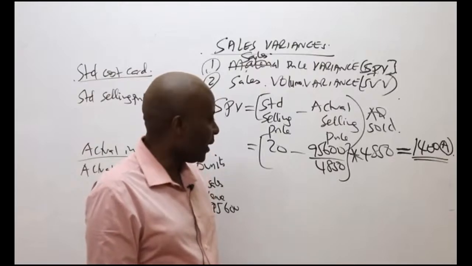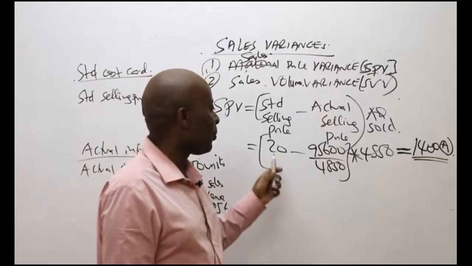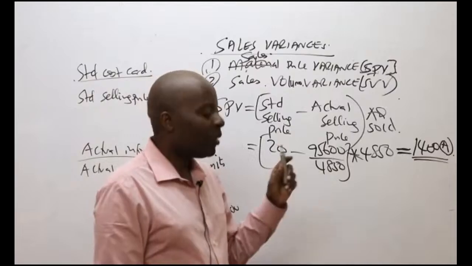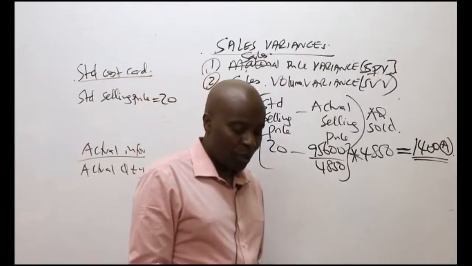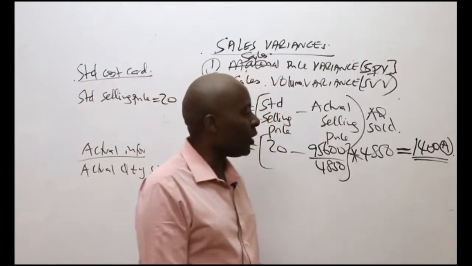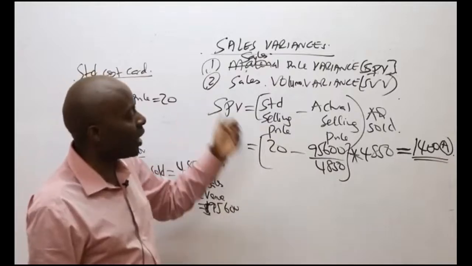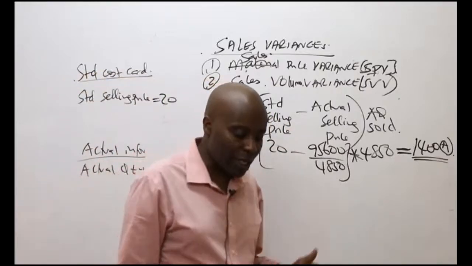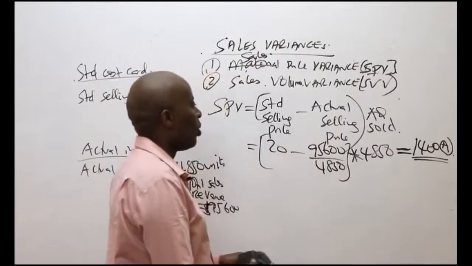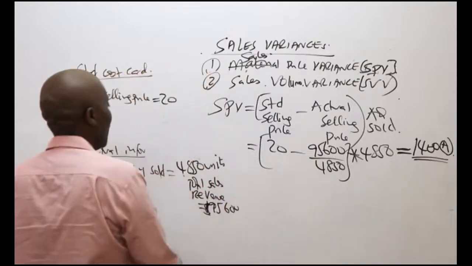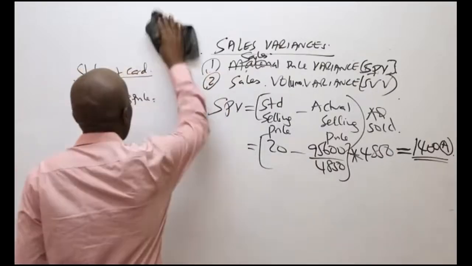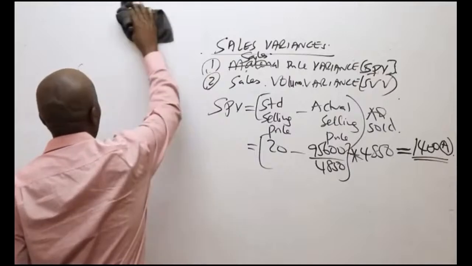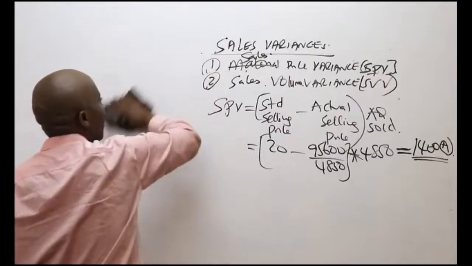So I'm getting 19. Yes. It's supposed to be a positive answer, but my students know that it's supposed to be adverse because all sales variances are exceptional.